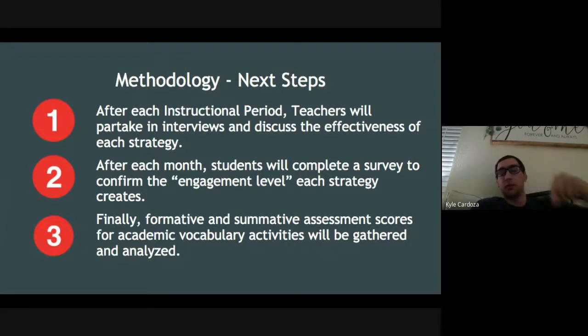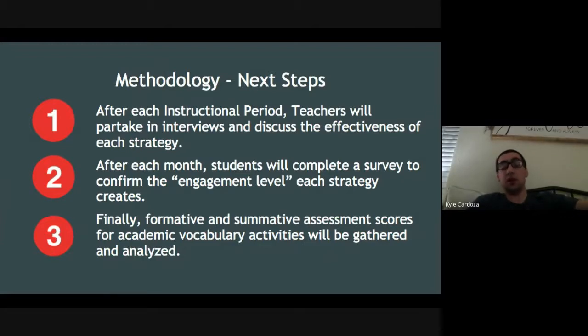They will answer specific questions related to each of the categories of UDL, and then we will be able to take those scores that come from the interview. There are going to be questions on a scale of 1 to 4. We will average them and see how well the traditional strategies did compared to the UDL strategies.